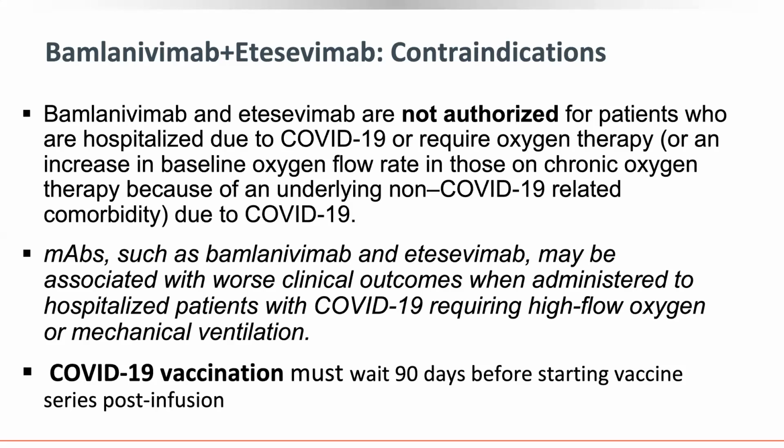And also note that if someone has received the monoclonal antibodies, you need to wait 90 days before starting the vaccine series. So you have to wait 3 months before someone is given the vaccines.